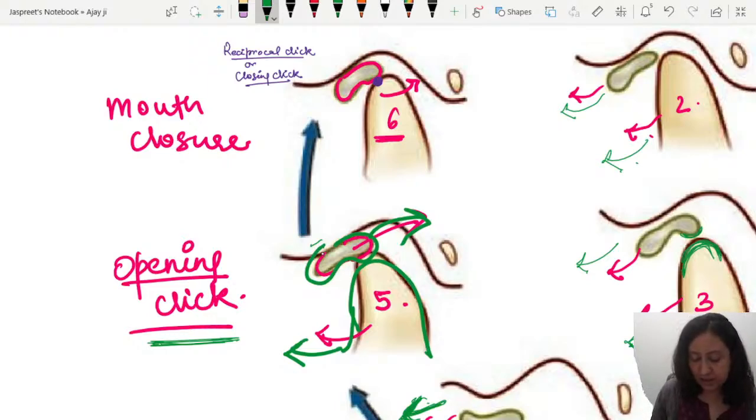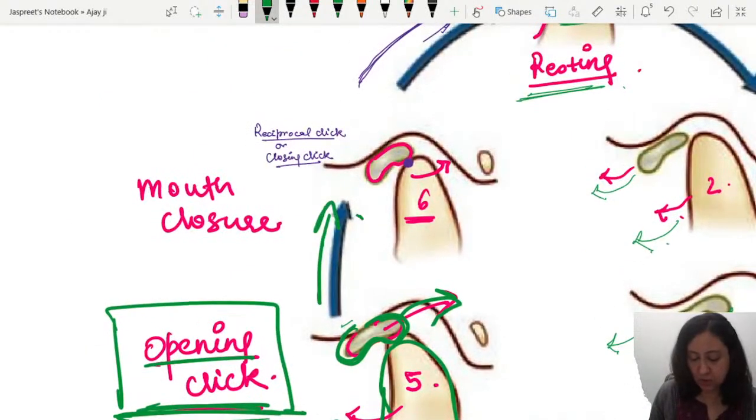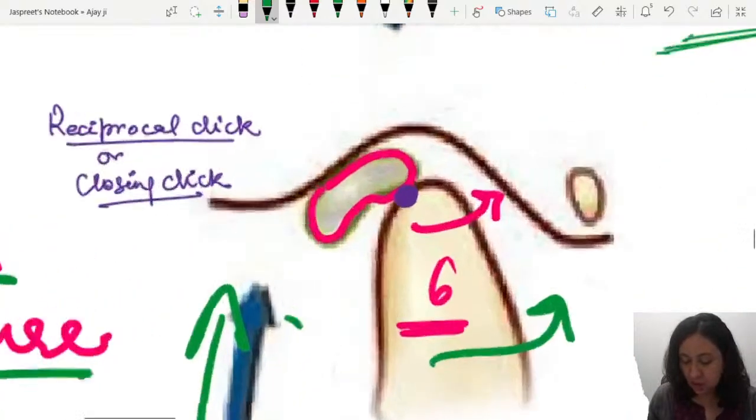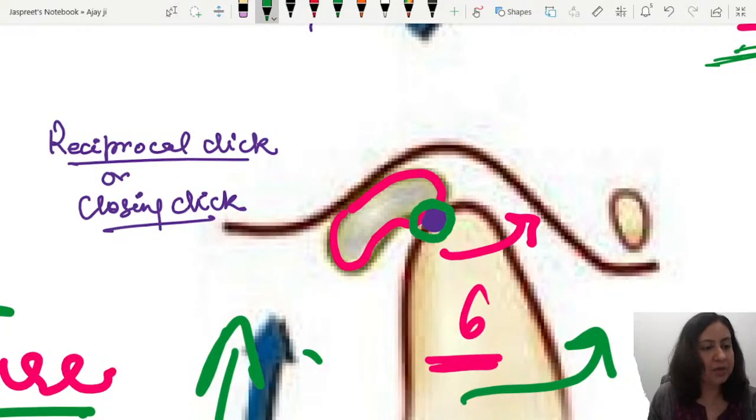So here, on the movement of the disc reducing, a sound will come, which is known as opening click. Alright, now during mouth closure what will happen? The disc has reduced but the condyle will go back alone, into the glenoid fossa. So there will be a point where it will contact the posterior aspect of the disc, the one that I am shading.